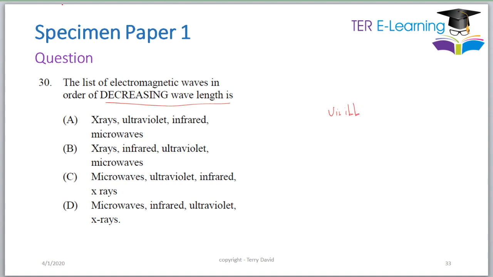So you have the visible part of the spectrum somewhere in the middle, right? Then on the right hand side we have infrared, microwave, and radio, right? So you have infrared on this side, we have microwave, and we have radio waves.